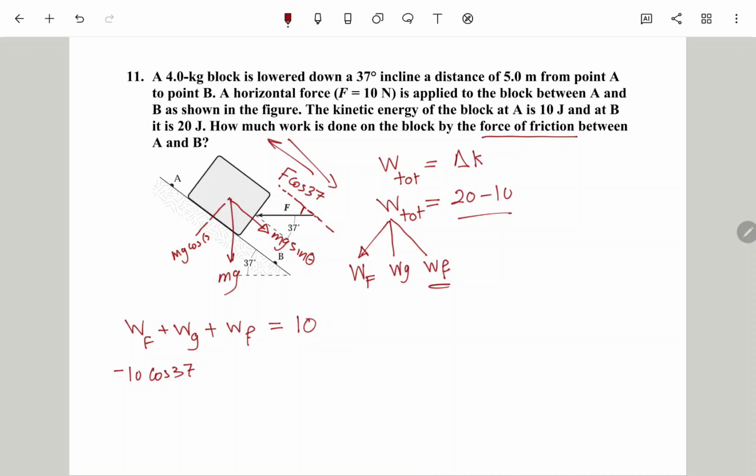So minus 10 cosine 37 plus mg sine theta, which is equal to 40 because the mass equals 4, g equals 10, and sine 37 is 0.6, plus work from friction, that's what we're looking for, equal to 10. Rearranging this equation, work from friction equals 10 minus 80, or in other words minus 70 joules.